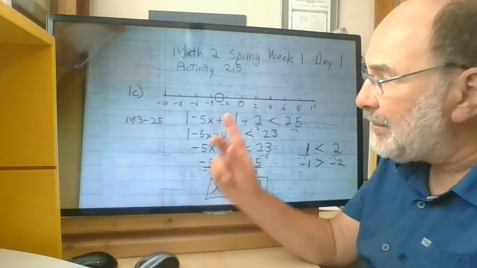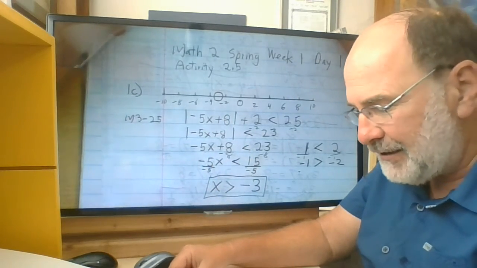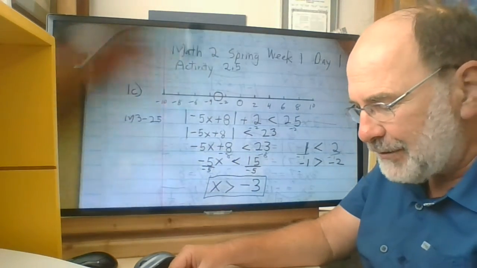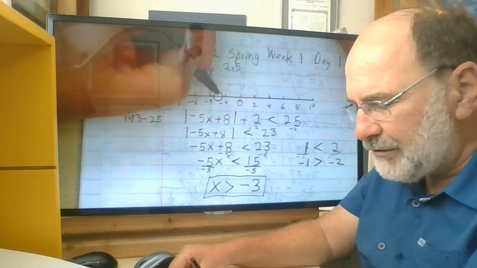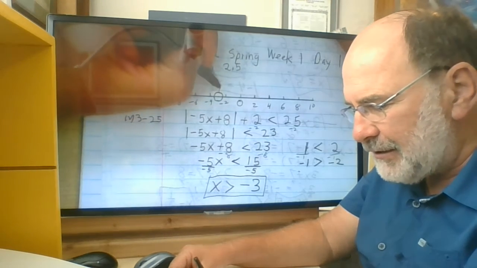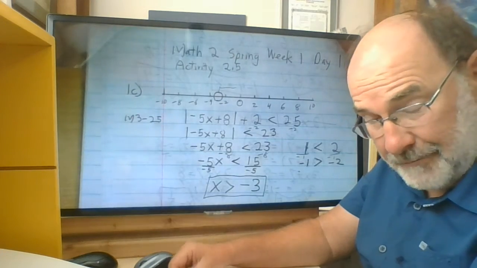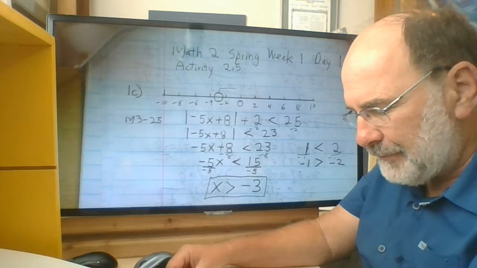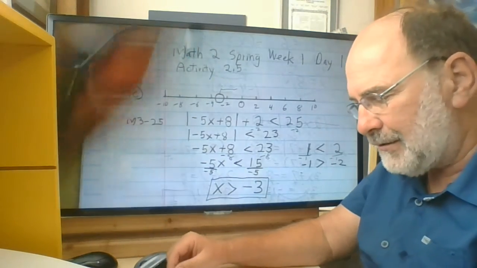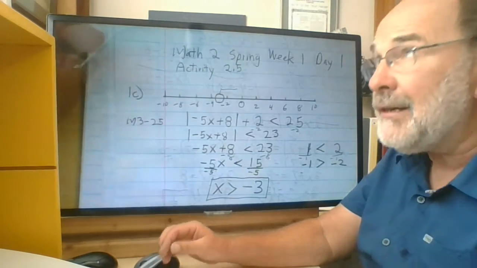I'm going to do it in very large font so you can see that's at x equals -3, halfway between -2 and -4. And strictly greater than means it goes to the right, increasing from -3. So that's part of the solution. But now let's go get the other part.